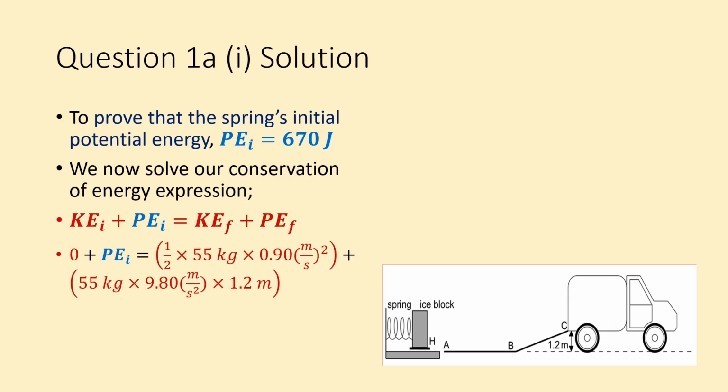All of that is converted to our final phase. Let's be more specific, because we are just pinpointing two points. That initial potential energy is converted to the kinetic energy and the potential energy that it has at point C.